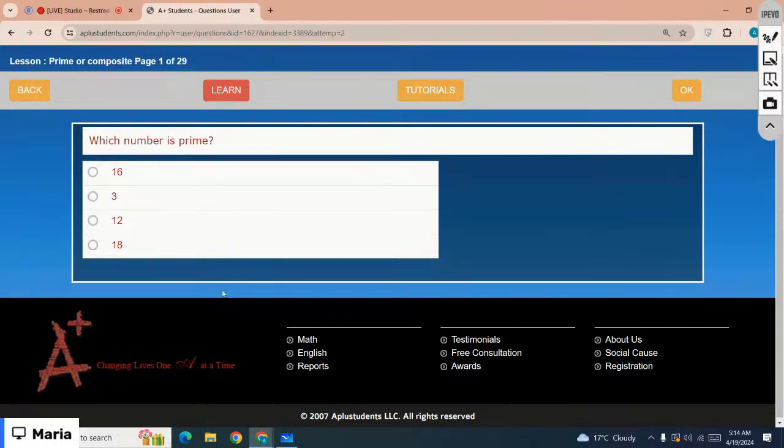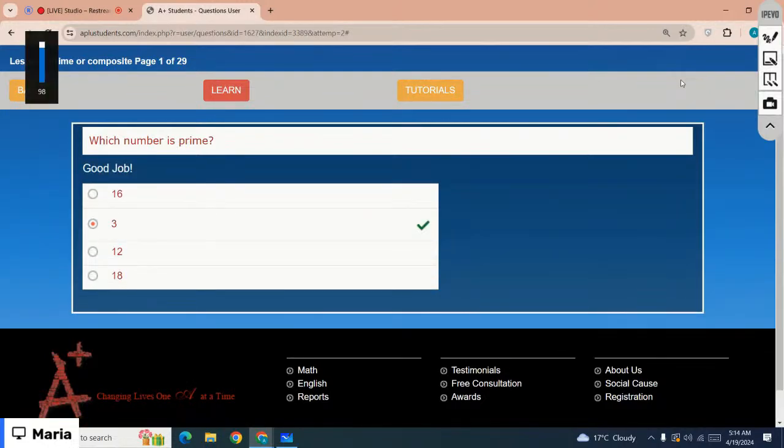Yes, very good. The correct option is 3. 3 is the number that has only two factors, right? So the correct option is 3.